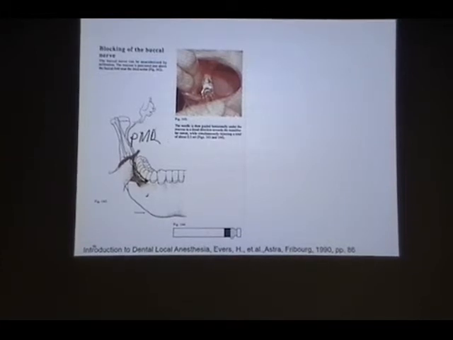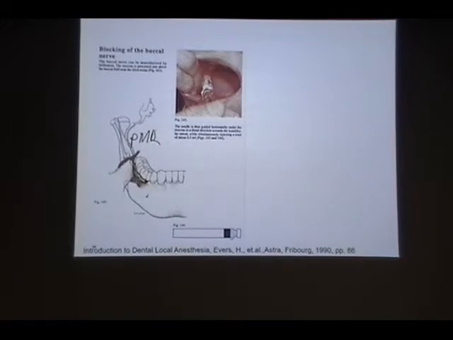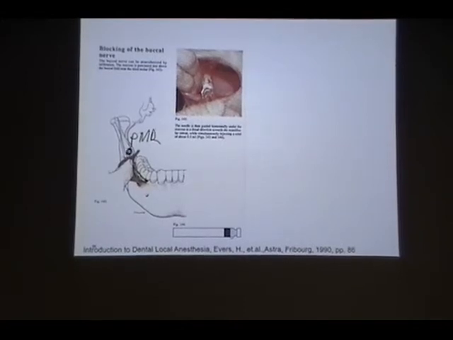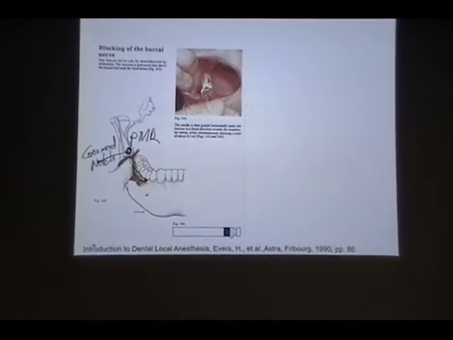Okay? And it is coming out in front of and lateral to this coronoid notch here in the front of the ramus. So sometimes, now you have to think about this.